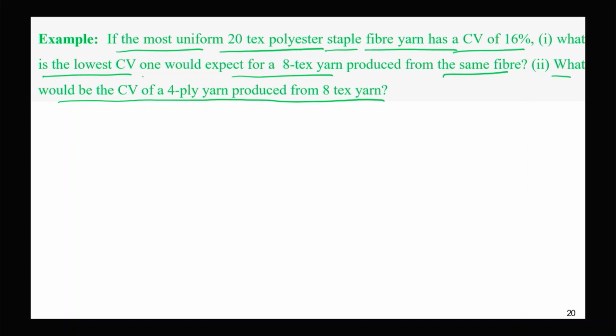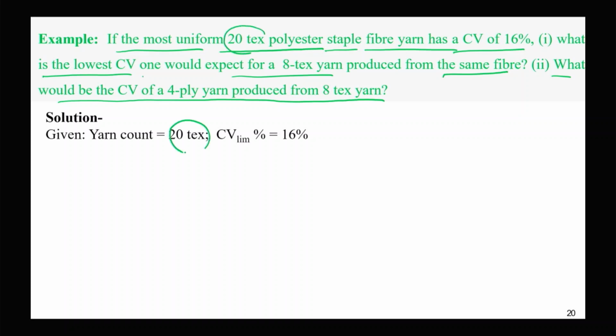The similar steps will be there. Yarn count is given 20 tex and it is a most uniform yarn, that means limiting CV is 16%.